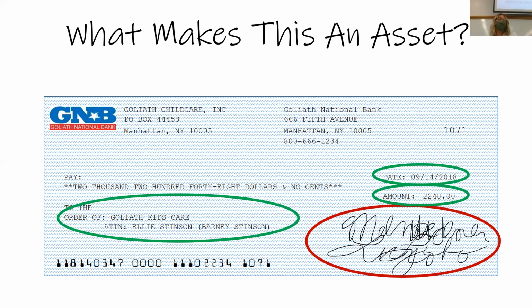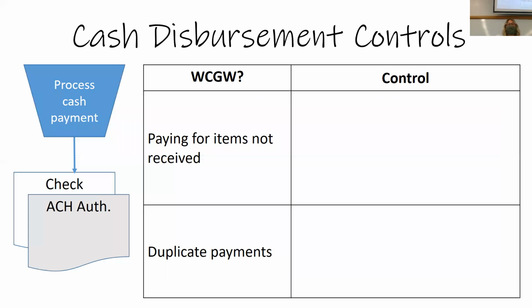So as we saw with the cash receipts process, the cash disbursements process requires a significant number of controls to protect cash, because cash can easily walk away.